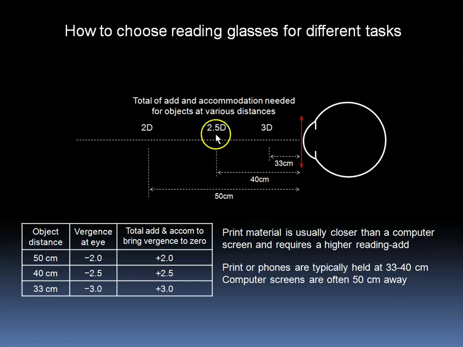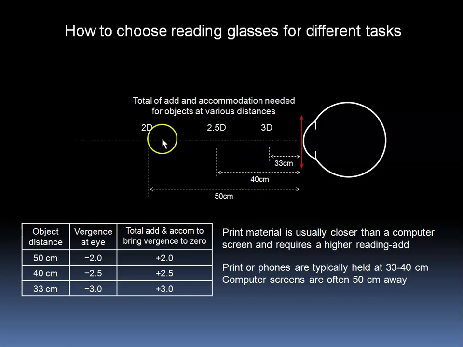If the reading material is 40 centimeters from the eye, then the vergence will be 100 over 40, which is 2.5 diopters of divergence. If the reading material is held 33 centimeters in front, then there will be a vergence of -3.